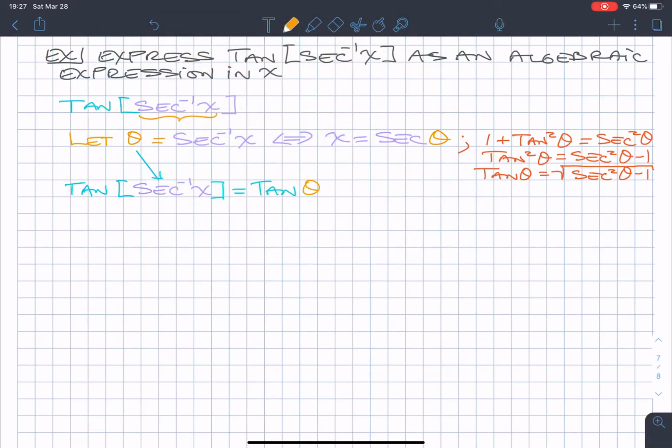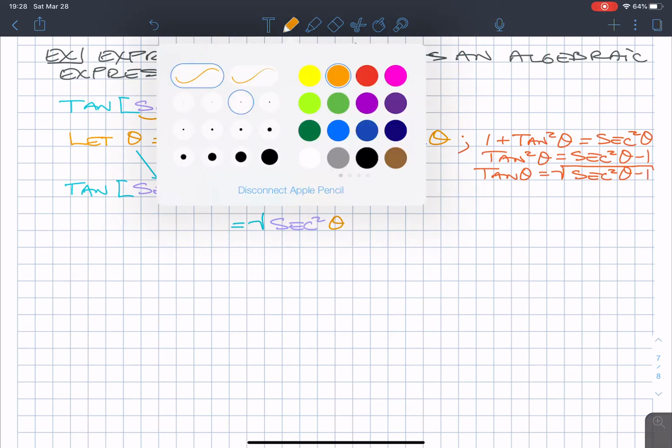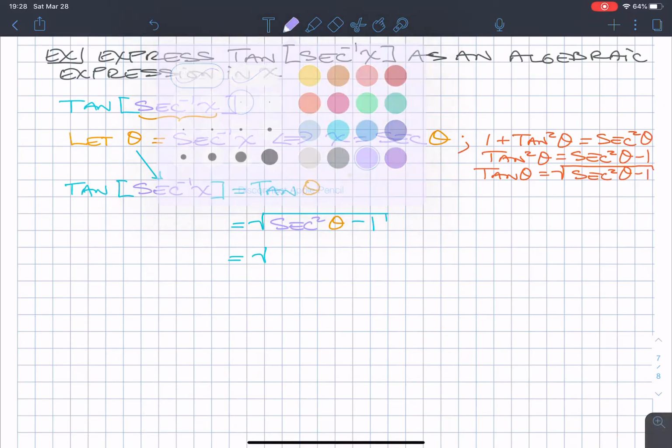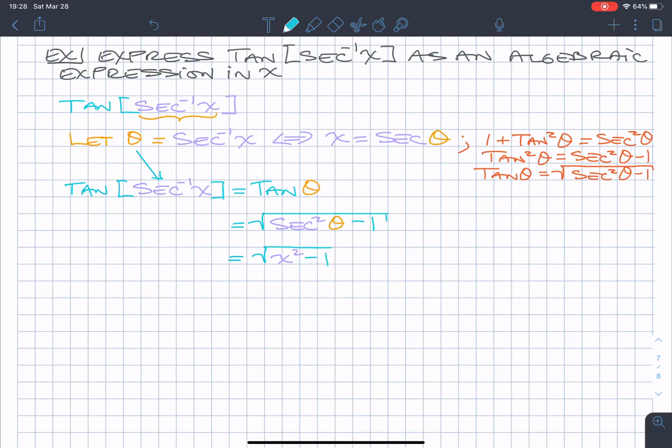Well, according to what I have over here on the right, tangent of theta is the square root of secant squared theta minus 1. And I know that secant of theta is x. So I can write this as the square root of x squared minus 1, and there we are. Now I have tangent of secant inverse of x as an expression without trig functions and solely in x.